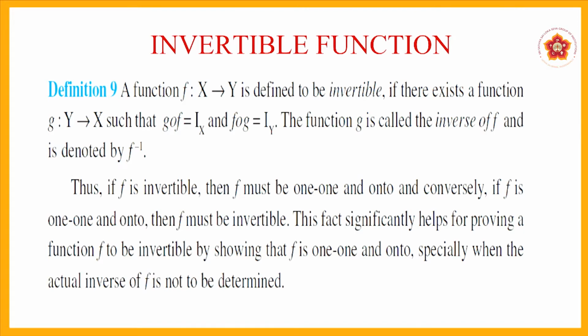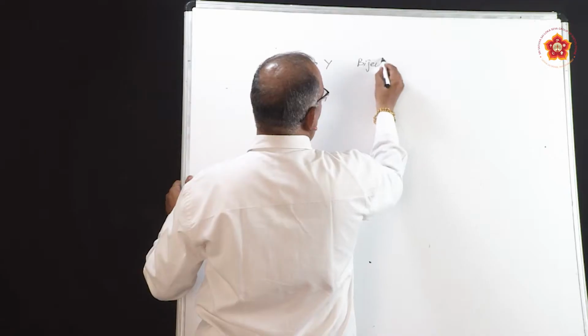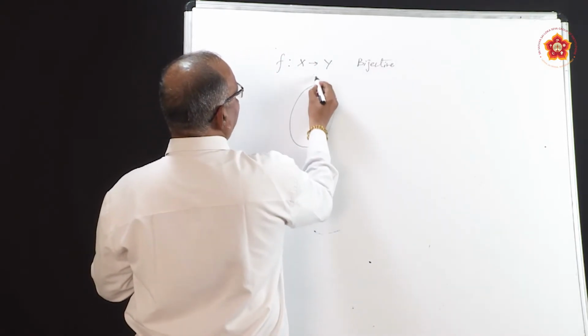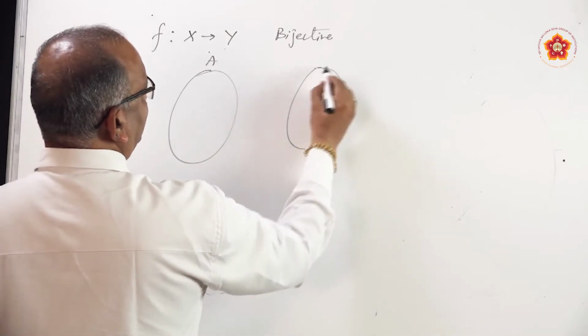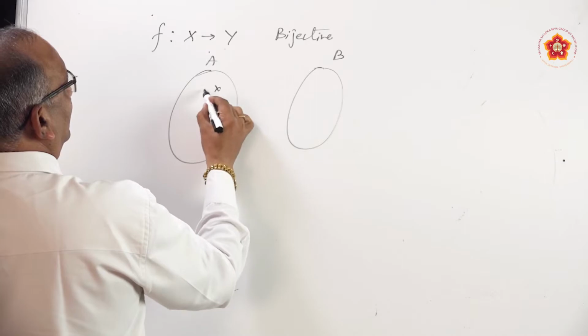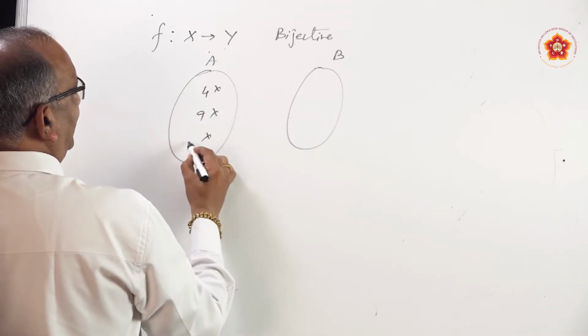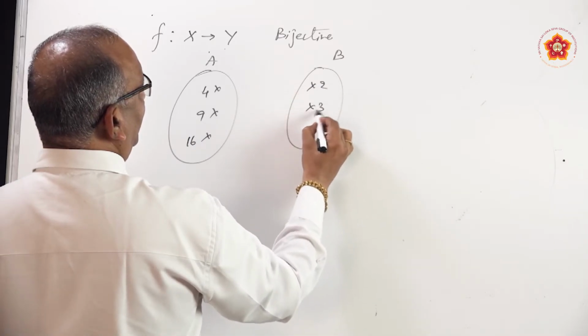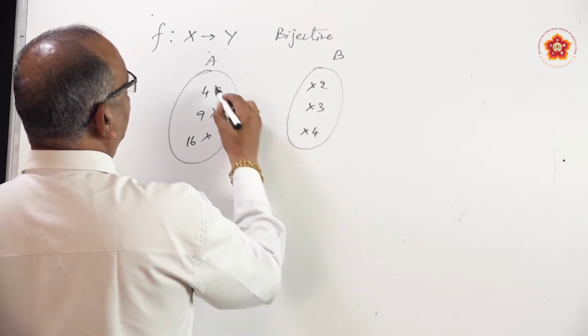We have a function f from set A to Y, and this is bijective. Take a simple example. Let us say this is set A and this is set B. Let us say 4, 9, 16 and 2, 3, 4, and connect them.